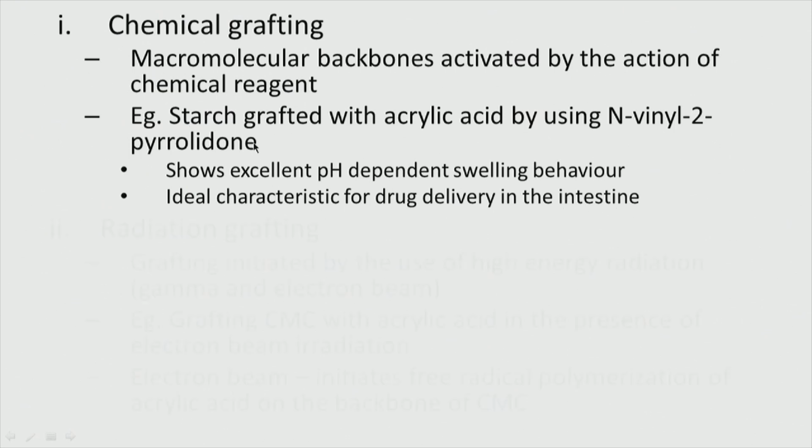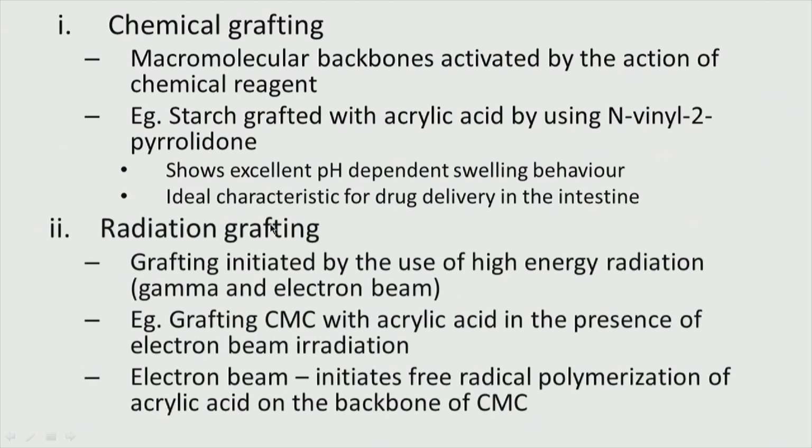Other one is radiation grafting, that means we initiate the grafting using high energy radiation like gamma or electron beam. So, when these bombard the backbone, they create radicals which are ready for chemical modification. Grafting CMC with acrylic acid in the presence of electron beam. So, the electron beam, what does it do?